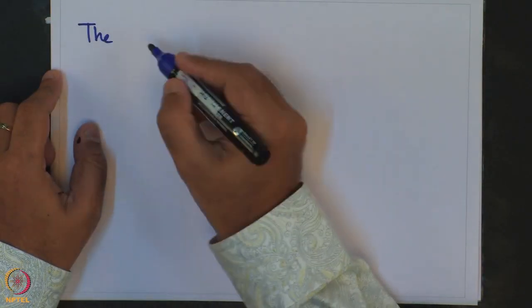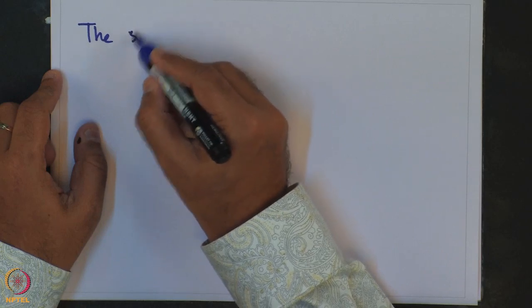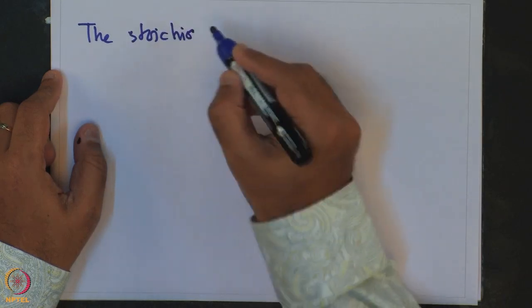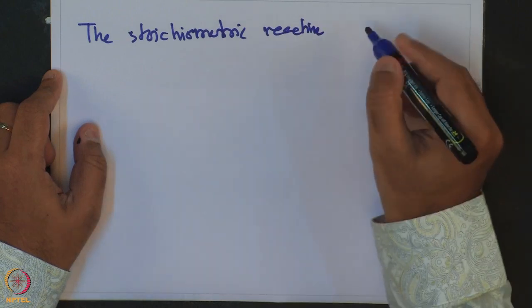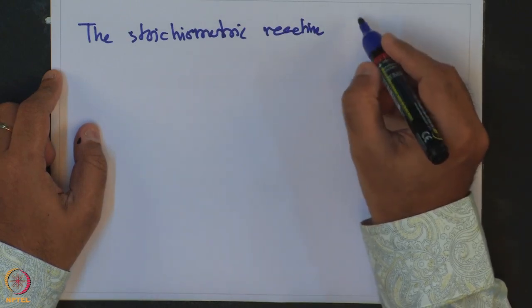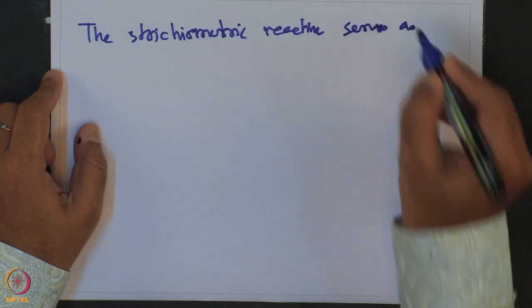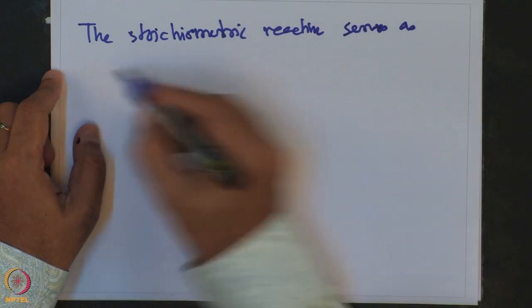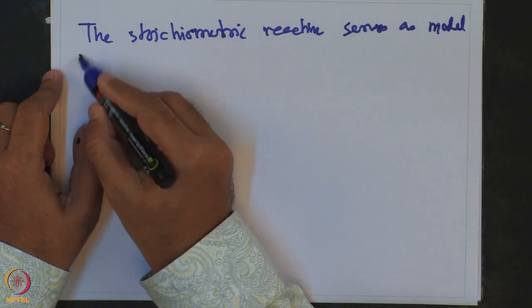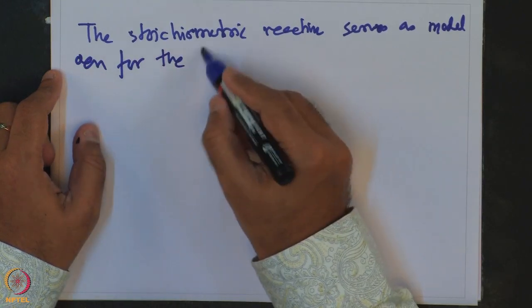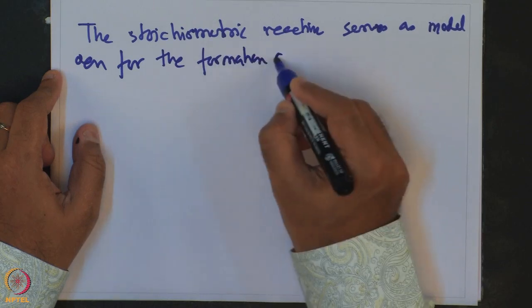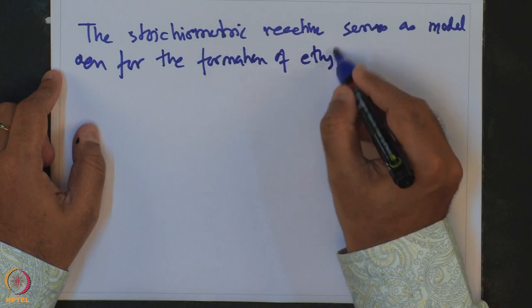So, the following stoichiometric reaction serves as a model reaction for the formation of ethylene glycol.